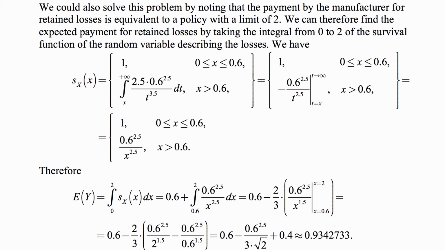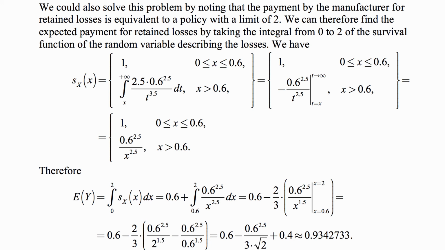Well, then the expected value is just the integral from 0 to 2. And the reason why it's from 0 to 2, not 0 to plus infinity, is because there's a policy limit of 2. That's where it comes from. So it's the integral from 0 to 2 of the survival function.